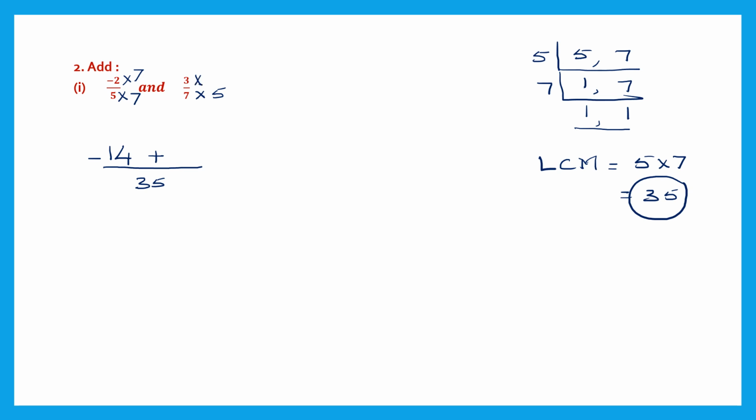So 3 into 5 is 15. So now we have minus 14 plus 15. Signs are different. Put the sign of the bigger number plus and subtract. 15 minus 14 is 1, plus 1 and the denominator is now 35. So what is our final answer? 1 by 35. This is our final answer.